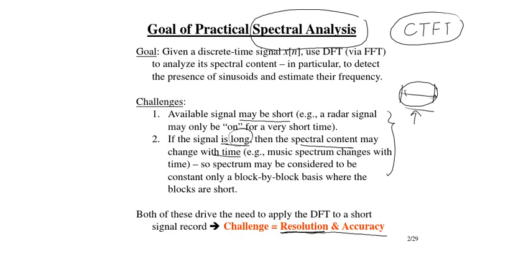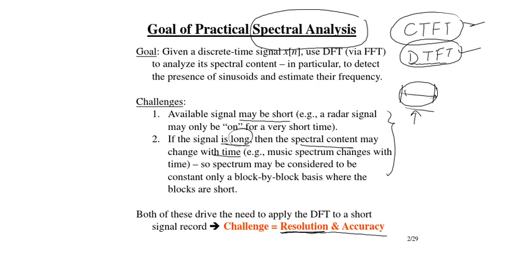So we are interested in the DTFT. The CTFT is for infinite time duration, and the DTFT is also for infinite time duration. But we don't have that many samples. In theory we want the DTFT of an infinite time duration signal, but in practice we don't have a long signal.